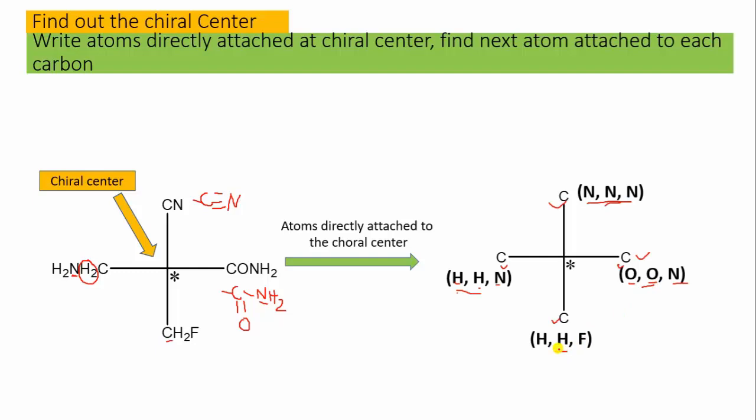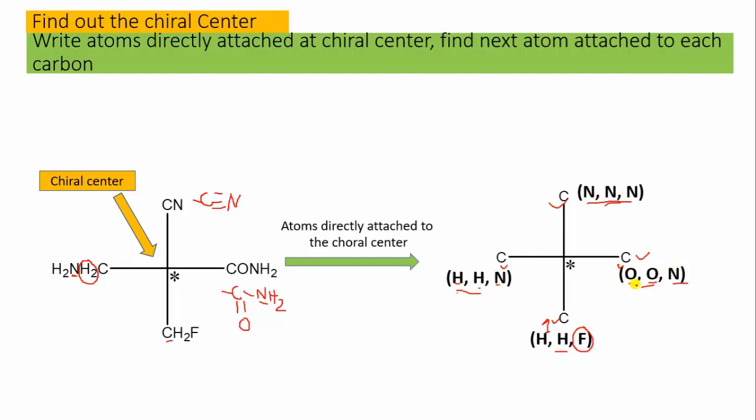Here is a total of 12 atoms. In those 12 atoms we can find the highest atomic weight, fluorine. So first priority goes to this carbon. Then remaining, here is 3 and 3, total 9 atoms.